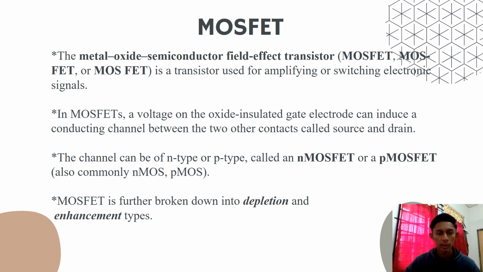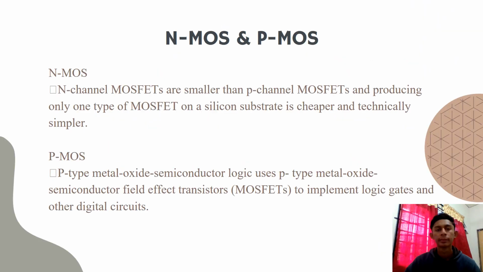MOSFET is further broken down into depletion and enhancement types, NMOS and PMOS. NMOS, N-channel MOSFET, are smaller than P-channel MOSFET and producing only one type of MOSFET on a silicon substrate is technically simpler.